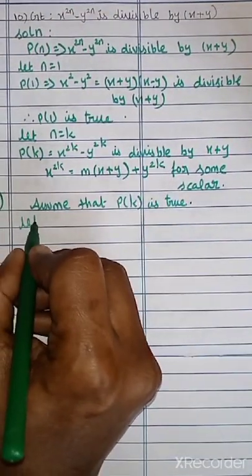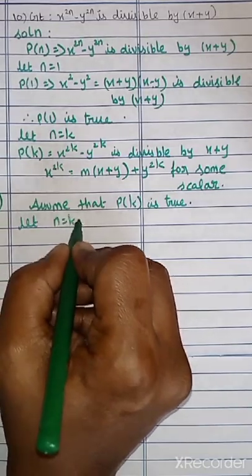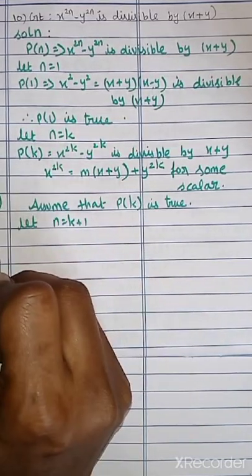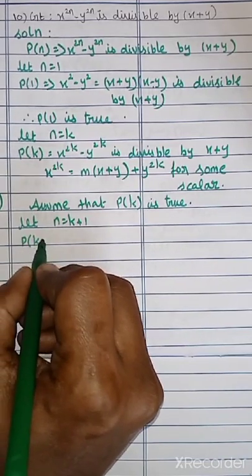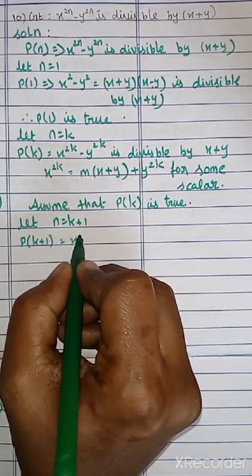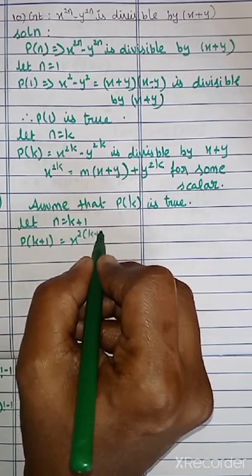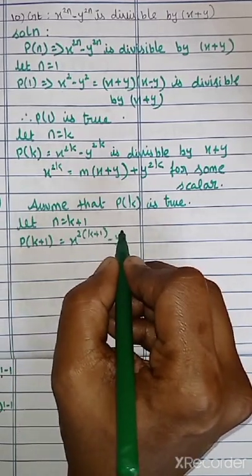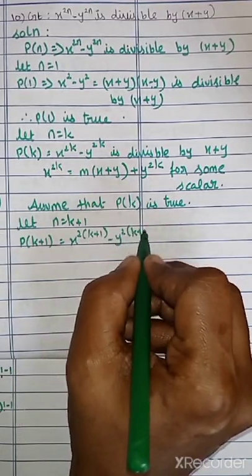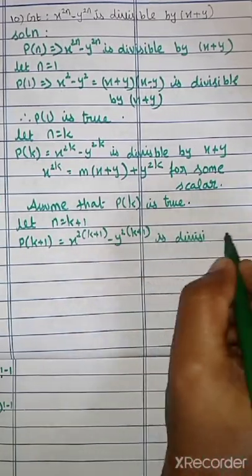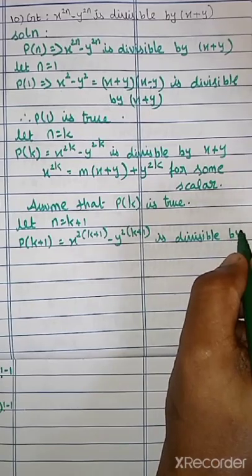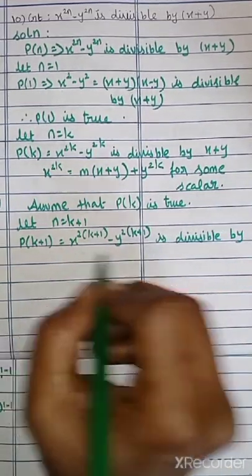Third step, let n equal to k plus 1. Correct? So here this will become P of k plus 1 equal to x power 2k plus 1 minus y power 2k plus 1 is divisible by x plus y.